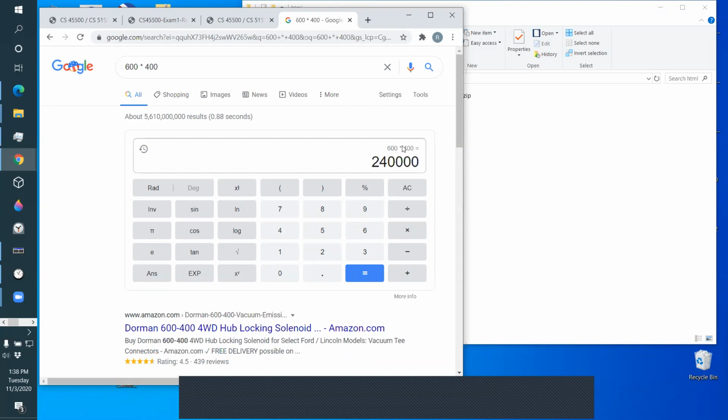Yeah, exactly. So the first index would be 0, and the last index in that row major array would be 239,999. Yeah, 239,999. That's the last index.